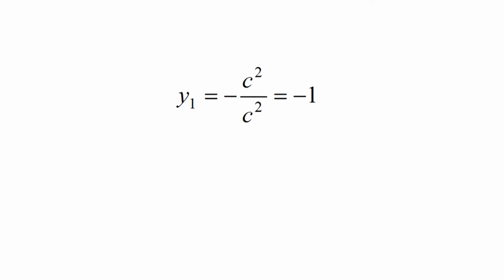So, at the point (c, c), y1 = -c²/c² = -1, and y2 = 2c²/c³ = 2/c.